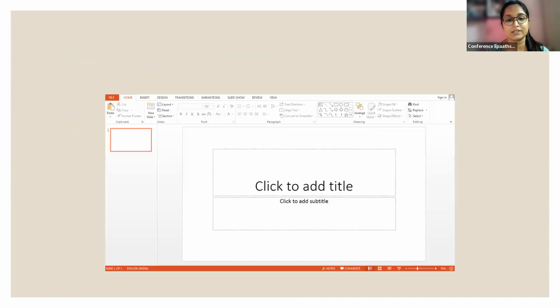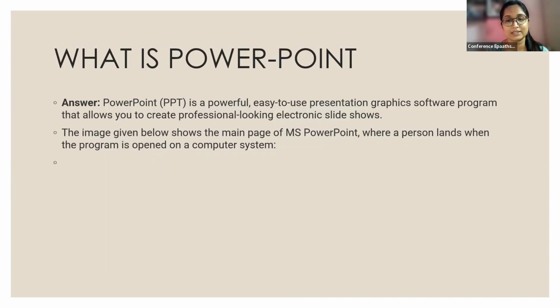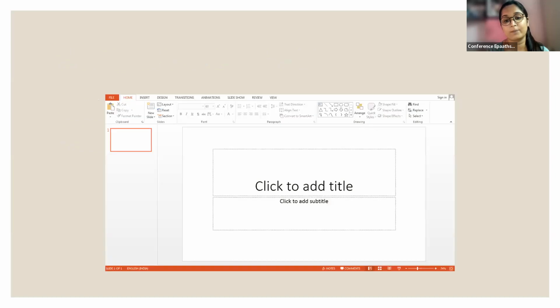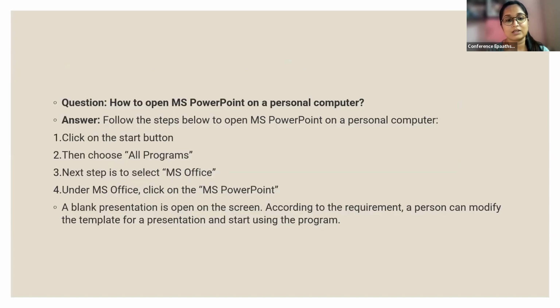Now there is an image where you can see when a person opens the software, how the window looks. It looks like this. Now, how to open MS PowerPoint on your personal computer? What are the ways? You have to click on the start button, choose all programs, select MS Office, then under MS Office, click MS PowerPoint.